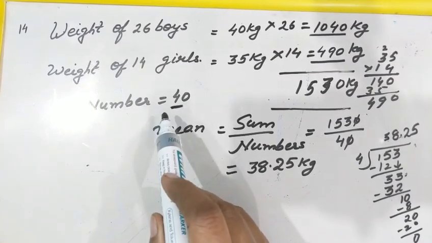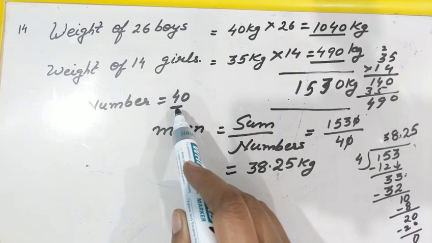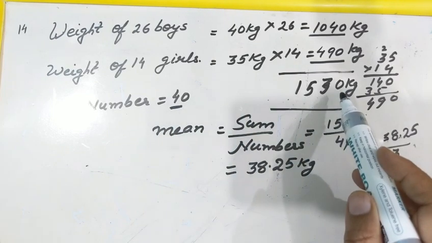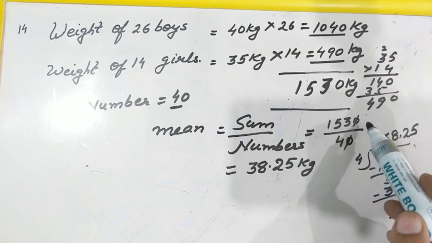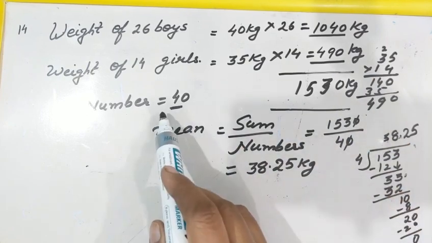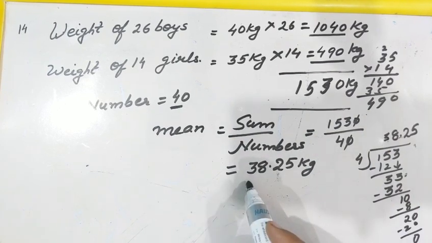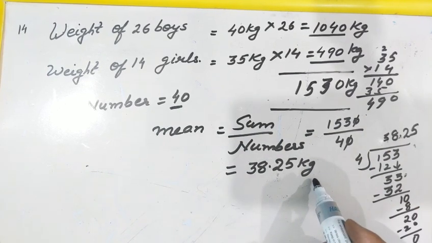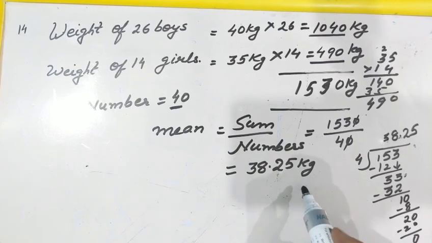Mean weight of the class, how will you get? The sum of observation divided by the number of observation. So the sum of observation is the total weight of 40 children upon the number of observation is 40. When you simplify, you will get the answer 38.25 kg. That is the mean weight of the class.